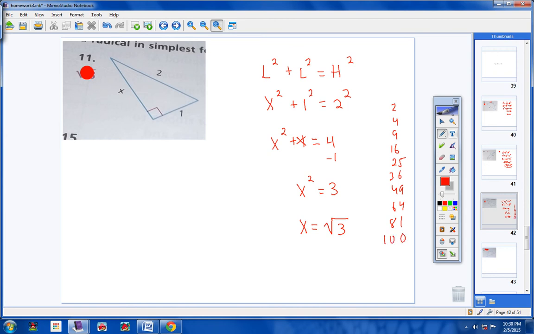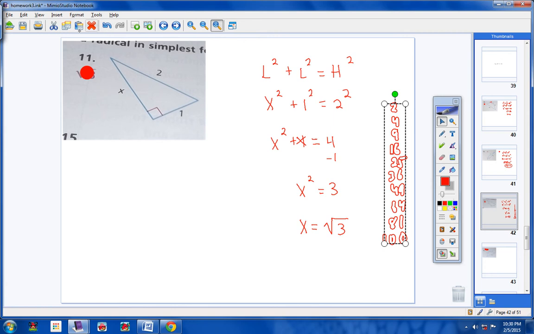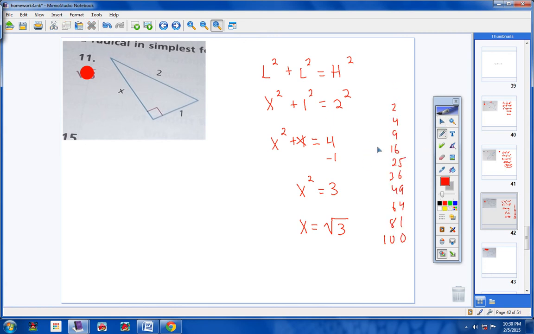By the way, these are not all the perfect squares. That's just usually enough to help us with these problems. So there's my list of perfect squares. Do any of these numbers go into 3 evenly? No, they don't. So we're finished. This is as simplified as the square root of 3 gets. So x equals square root of 3.